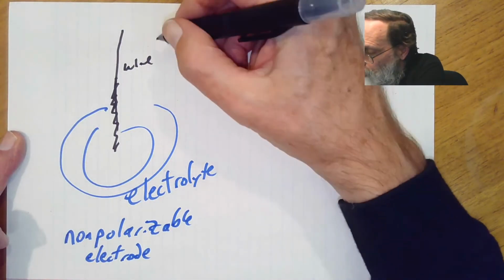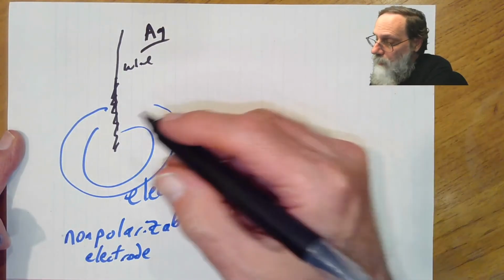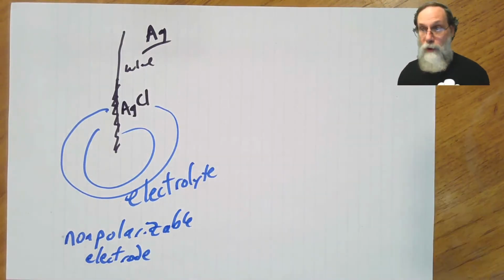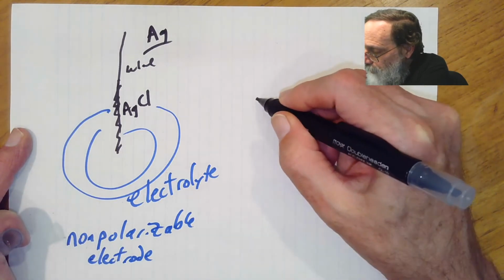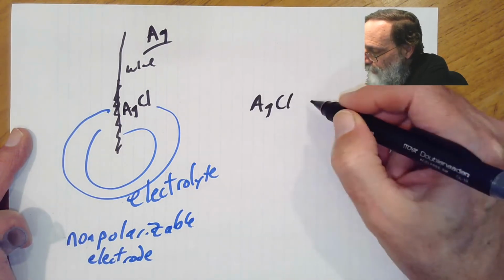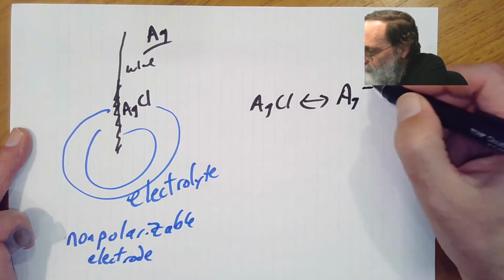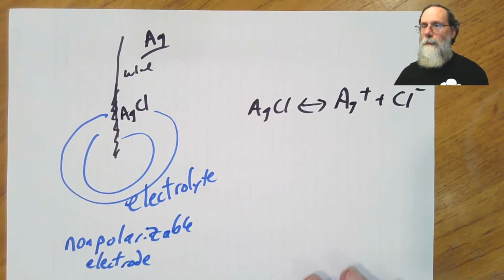If you make the wire out of silver and you put some silver chloride on the surface of the wire, then we have a pair of reactions. One of them is just that the AgCl can break apart into Ag+ and Cl-, separate ions.